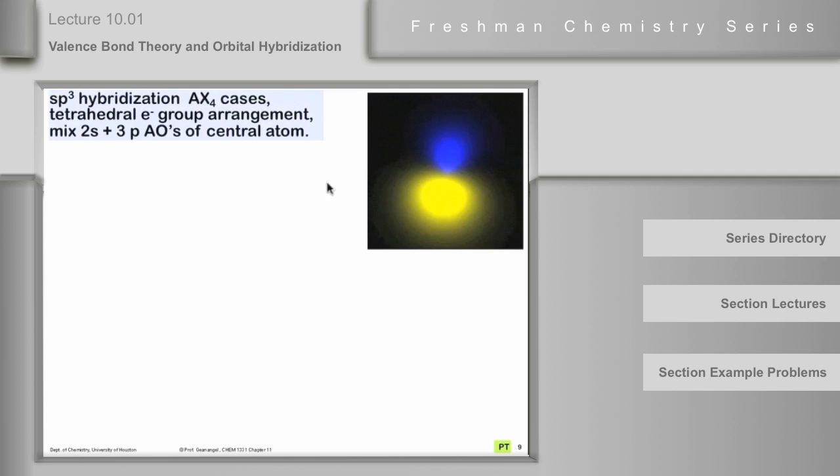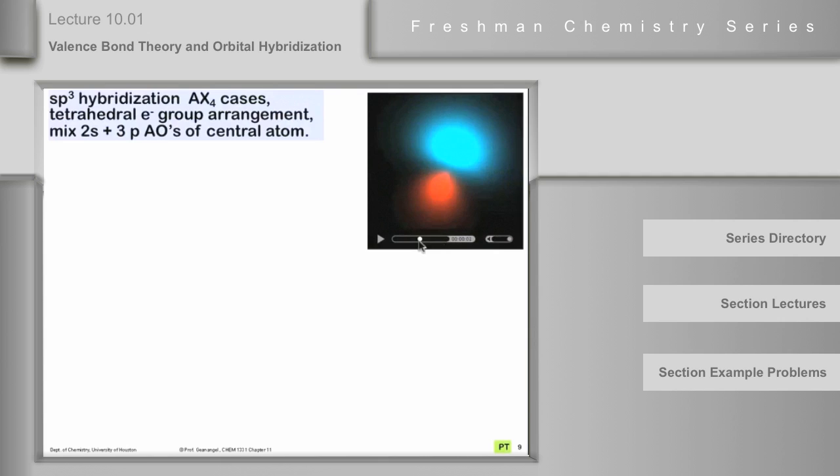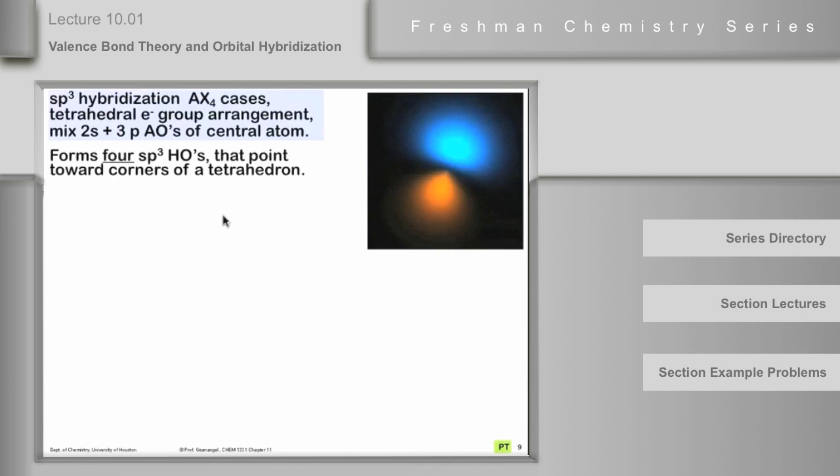This picture over here is a quantum mechanical diagram of the cloud of electrons that makes up an sp3 hybrid orbital. Don't worry about the colors changing. There is a tail and there is a head to these things, and the bonding takes place through the head here. You can sort of see it like that. This is the bonding part. This is the tail. So these sp3 hybrid orbitals, there will be four of them.